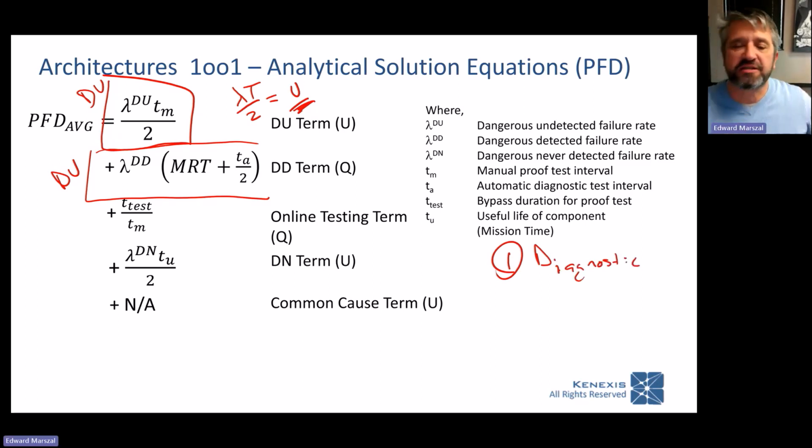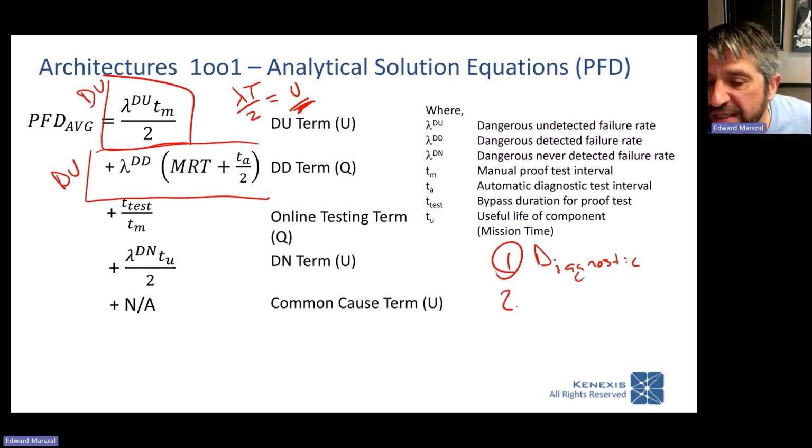Diagnostics are those high speed, high frequency automatic tests that the equipment performs on itself. Not all SIS equipment has diagnostics. So if there are no diagnostics, DD is going to equal 0. The DD term goes away because there are no diagnostics. So you're only going to evaluate the DD term if you have diagnostics, and a lot of times you don't.